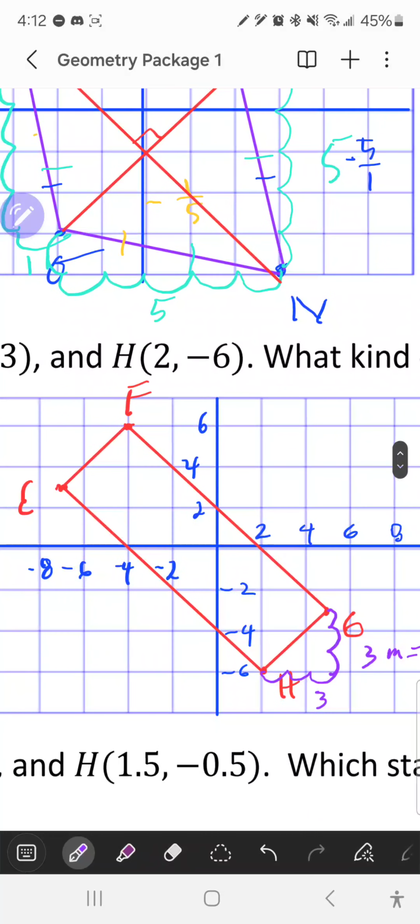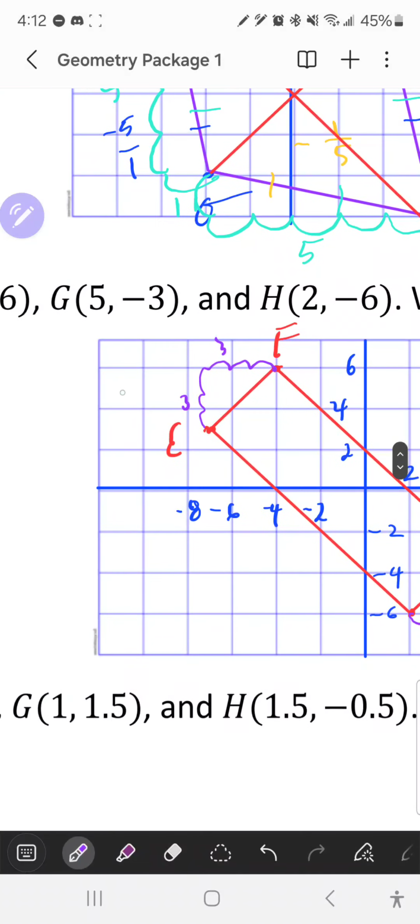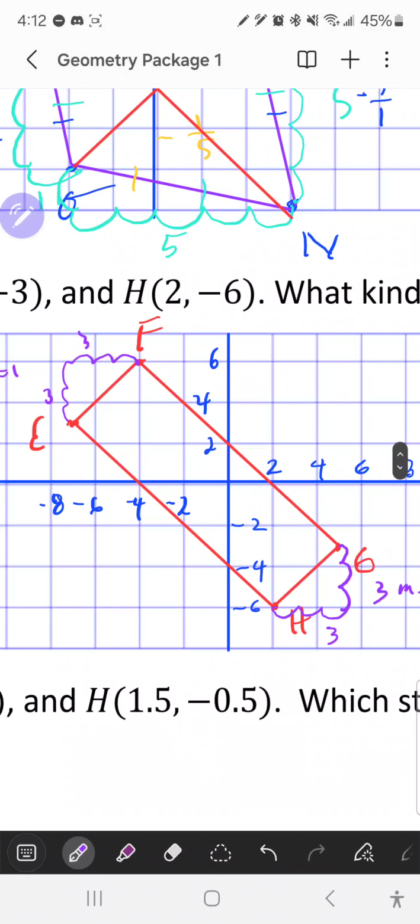Now in this case, 1, 2, 3, 1, 2, 3. So 3 over 3, which slope is also equal 1, and it's positive because it's going up. And since they have the same value, 3 and 3, they are also equal. So they have the same slope, and they are equal. So they are also parallel because they have the same slope.